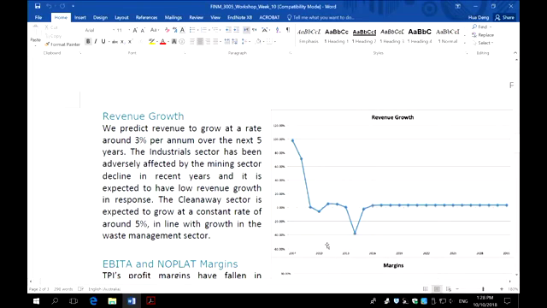Arbitrarily, without any consideration, just saying in line with the growth in the waste management sector is not something that will deliver any information or valuable inputs for the portfolio managers to make investment decisions at all.